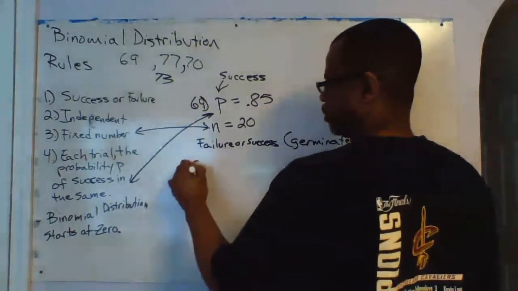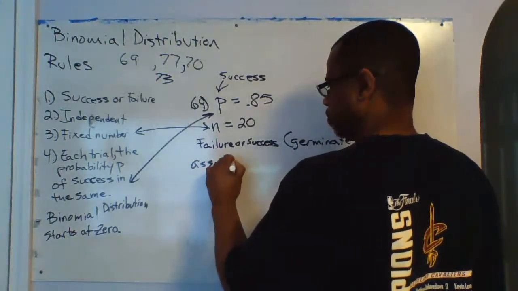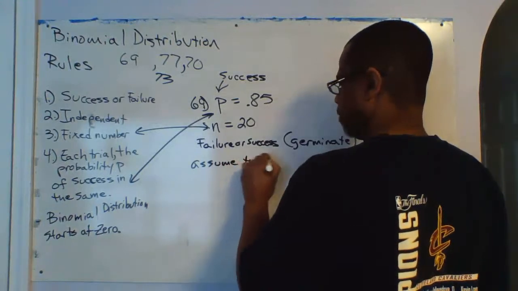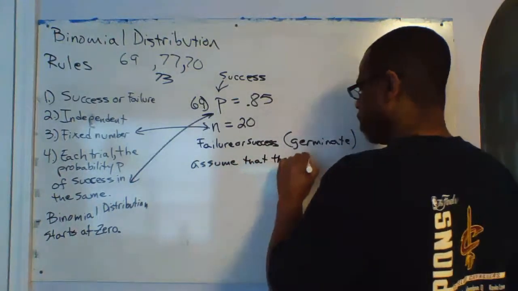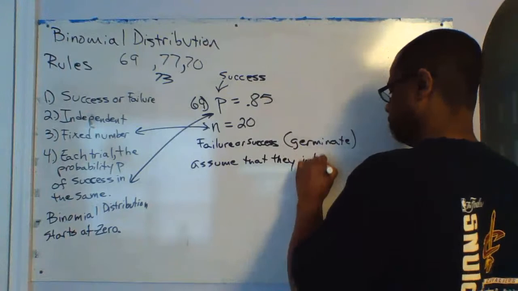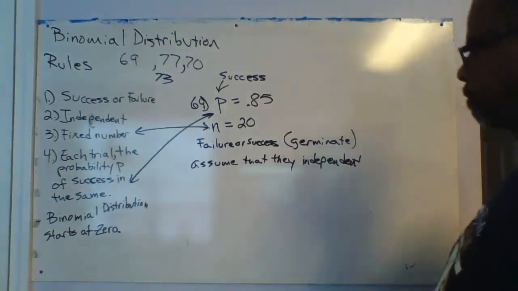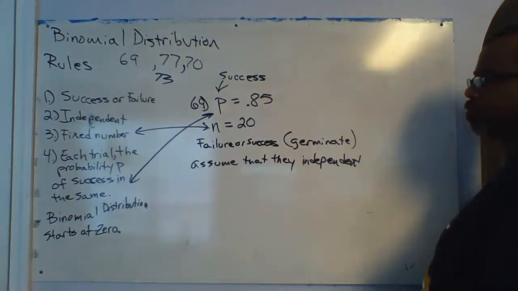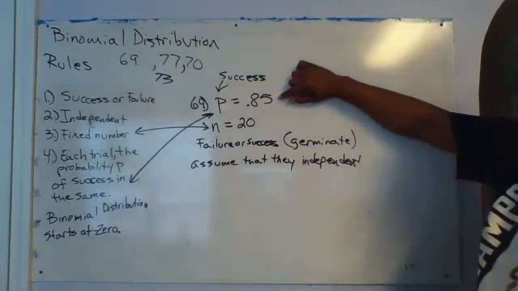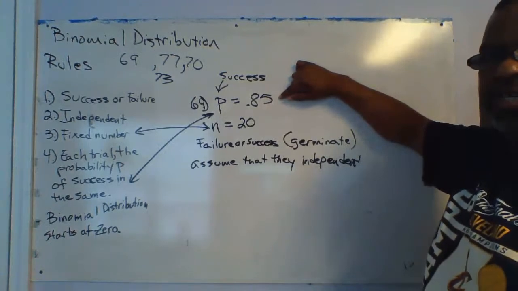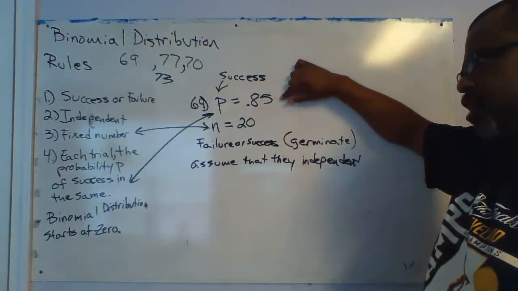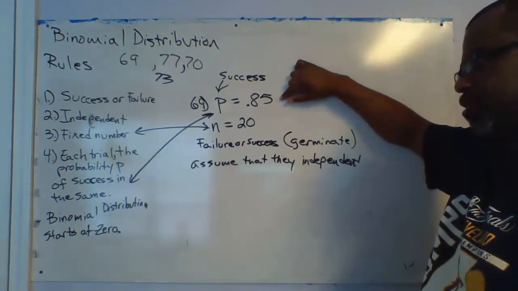And then we're going to assume that they are independent. All right, so when you go pick up that bag of seeds, you should have an 85% chance of success.